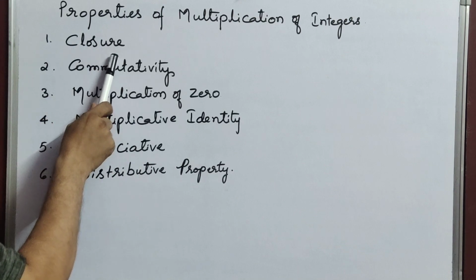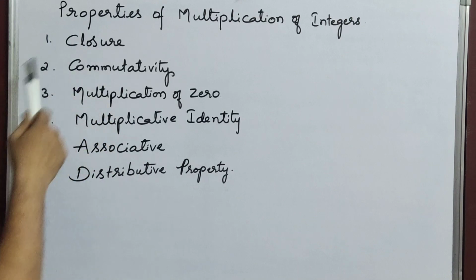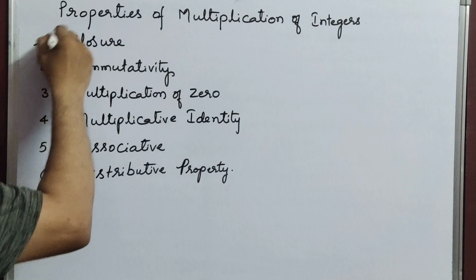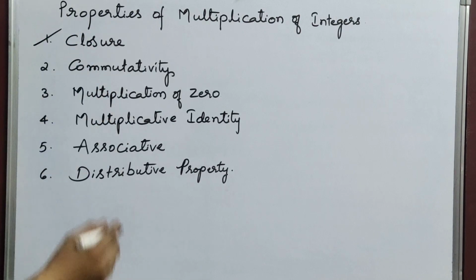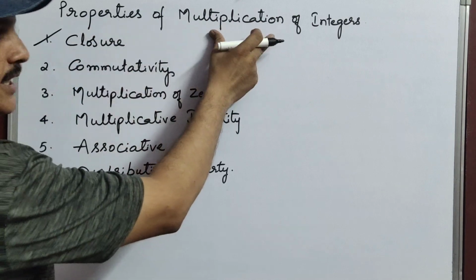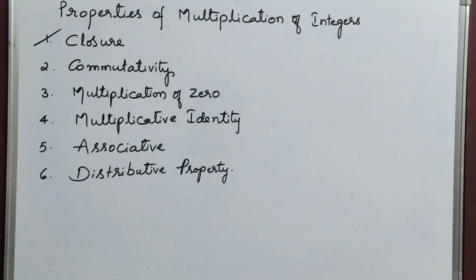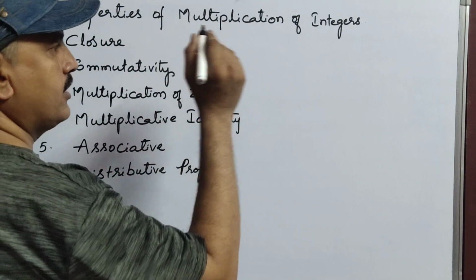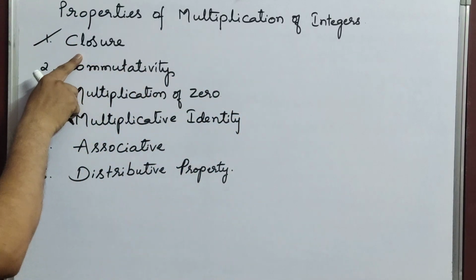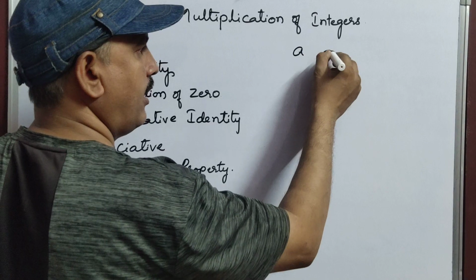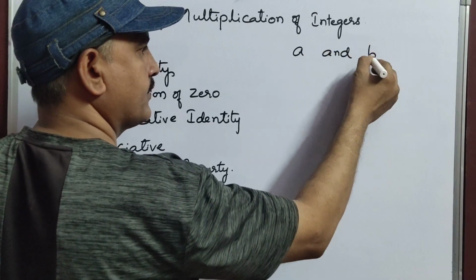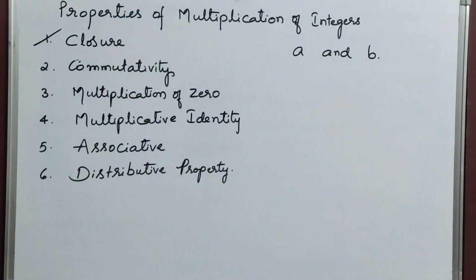So today we will go with the first property, the closure property. We are discussing properties of multiplication, so it is completely based on multiplication only. See here, now I am explaining the closure property. Take A and B as any two integers, either positive or negative.